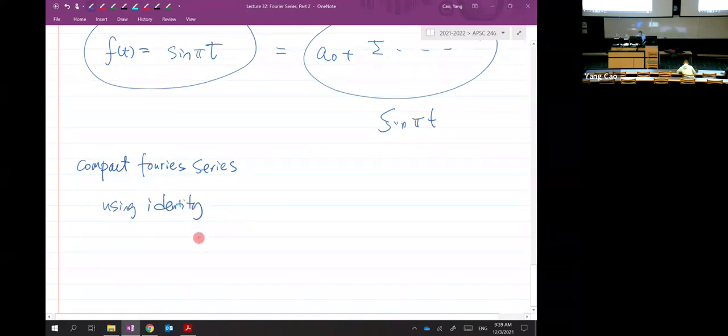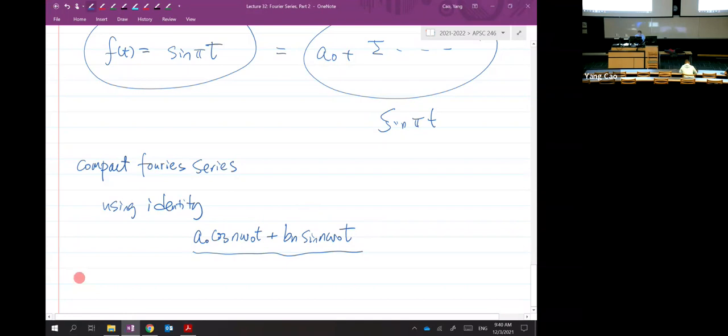You look at the Fourier series formula. On the right side, you have an cosine n omega naught t plus bn sine n omega naught t. You have this on the right side as part of the formula for the Fourier series.